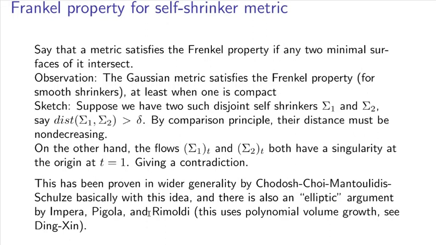This includes a separation at infinity assumption, which is not too strong at all, and it also uses polynomial volume growth. Now, self-shrinkers, which I'm talking about as minimal surfaces in the self-shrinker metric in Rn, have polynomial volume growth if they're proper, by work of Ding and Xin, although this will come up below, actually.